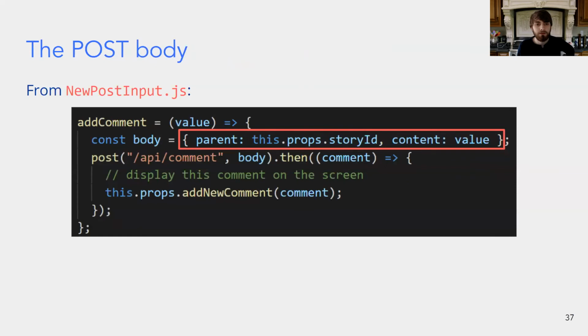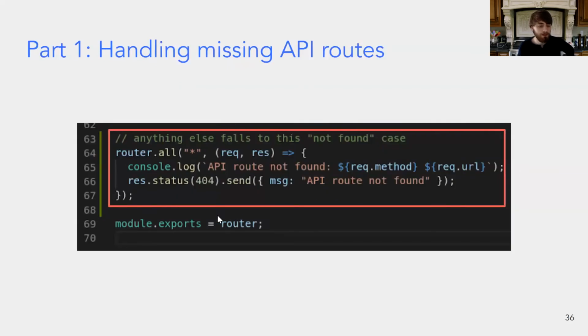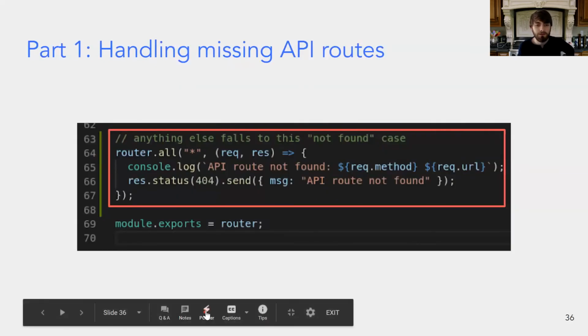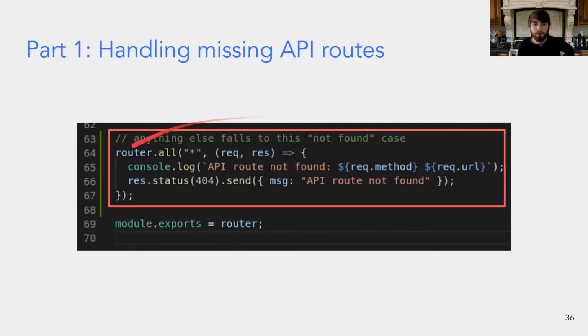One extra tiny thing I want to add to cover every little base is this router.all. Normally, if I made a POST request to /api/test, it would still be a 404 even though I have something for that test.